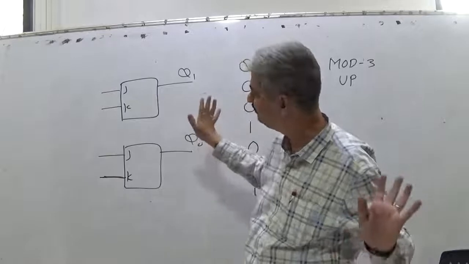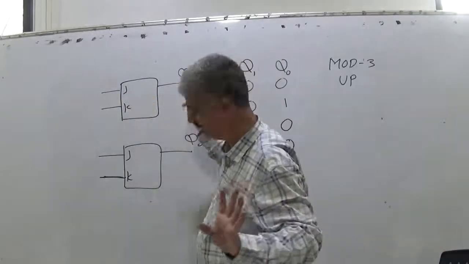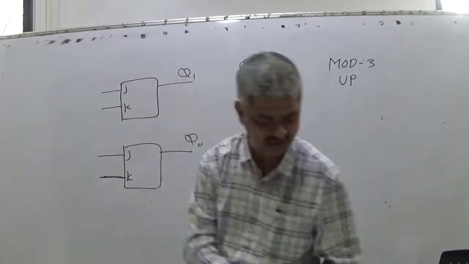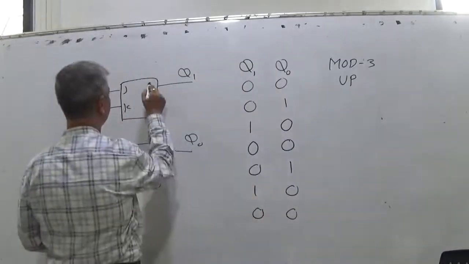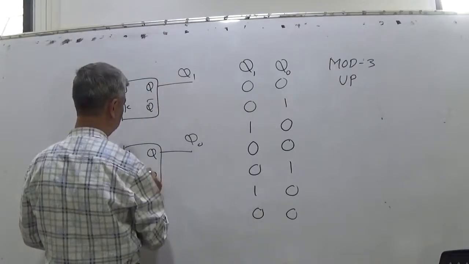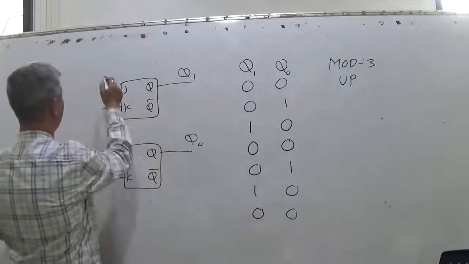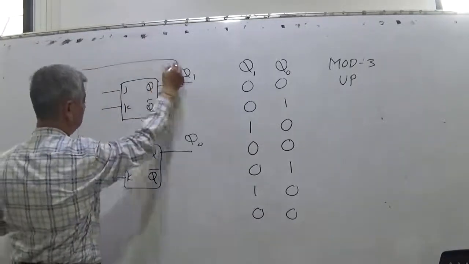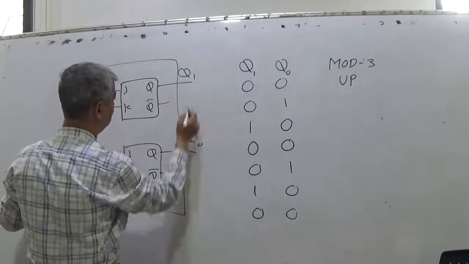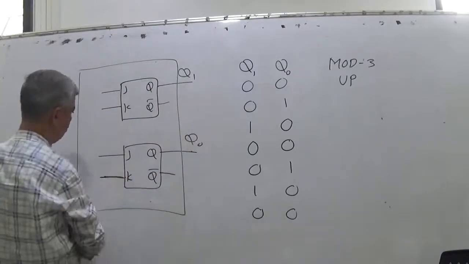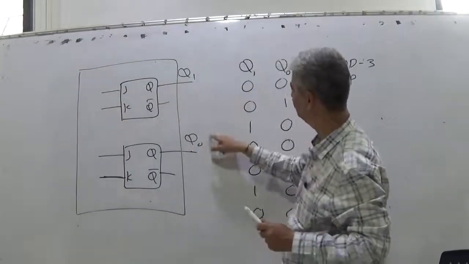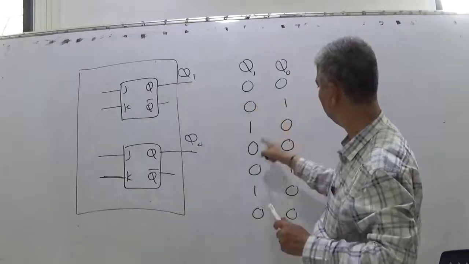What we show in the diagram is J, K and Q, and obviously Q bar is also available. Q will come out externally. It will have 2 bits. Obviously clock and reset I am not showing. So what should I get? Q1, Q0 should be 00, 01, 10, and 00.